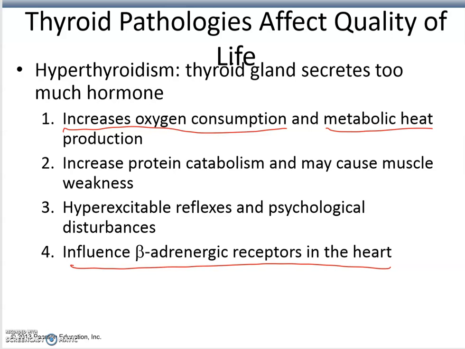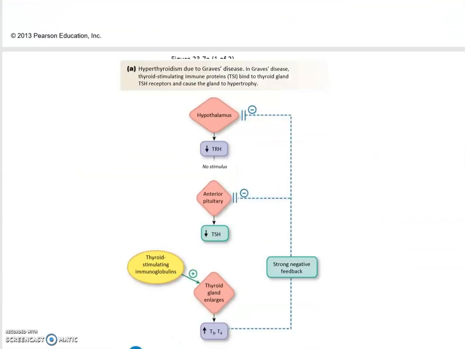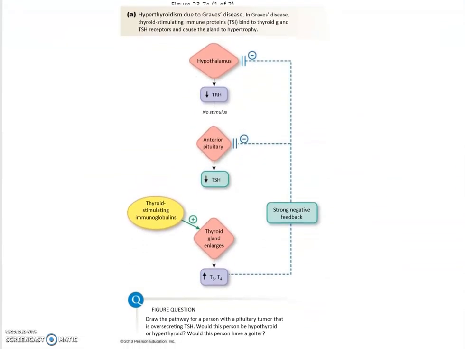You also might end up with increased protein catabolism that could cause muscle weakness. And a lot of people with thyroid pathologies have psychological disturbances. And you might also have hyperexcitable reflexes. That would be another sign of hyperthyroidism.